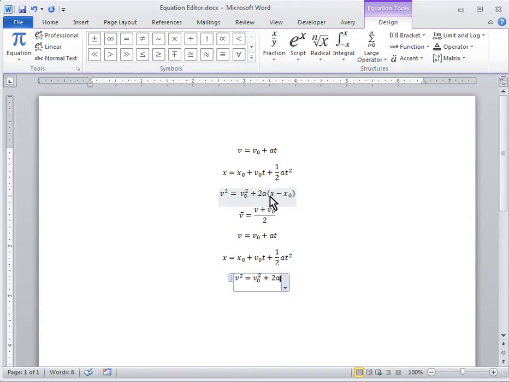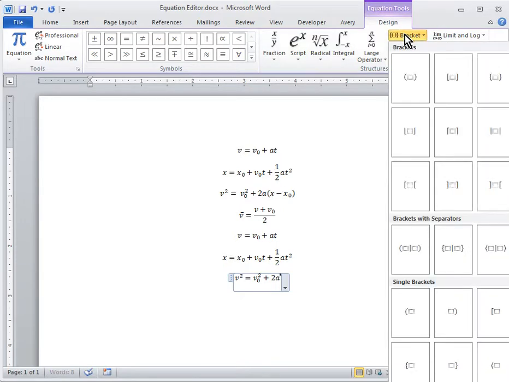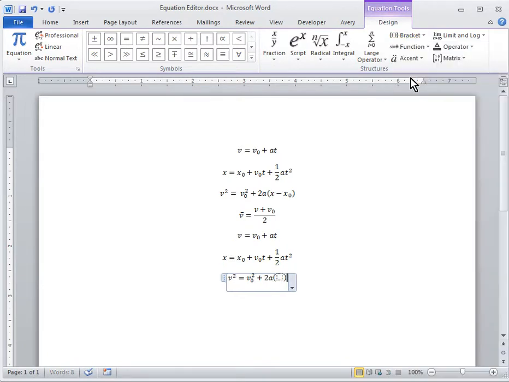You can type a left parenthesis, and that would start this, and then the x, and the minus, and then the x subscript 0, and then with a closing parenthesis. But there's also tools for making parentheses, especially if you're going to get more complicated or want to use different symbols, or curly brackets or combinations of things. Let's just try this one and see how that works. Created the parentheses already.